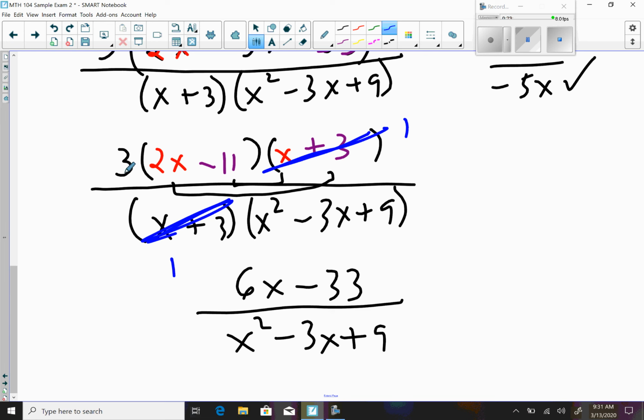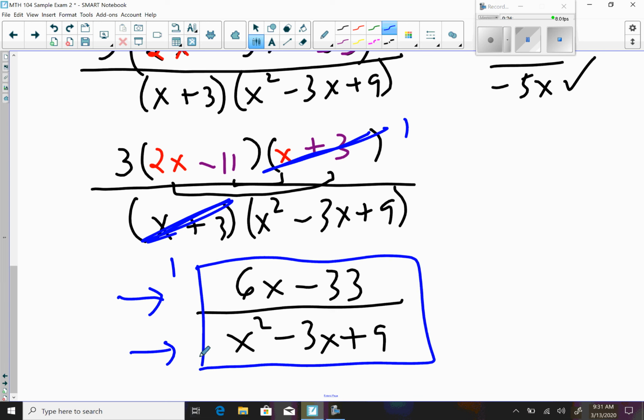So on the top is 3 times 2x minus 11, which is what I wrote there, times 1. In the bottom, the denominator is 1 times x squared minus 3x plus 9, which is what I wrote there. And this is the final answer.